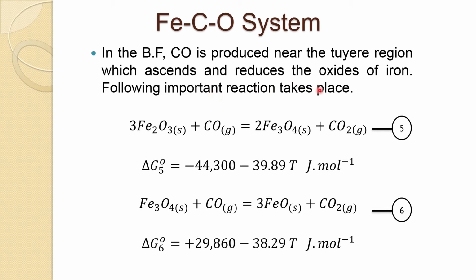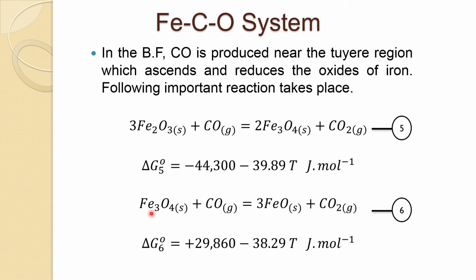The following important reactions take place. Obviously, we go from the top. As soon as you charge the ore, which is mostly hematite, it reduces with carbon monoxide to magnetite and CO2. You can see this is an exothermic reaction.